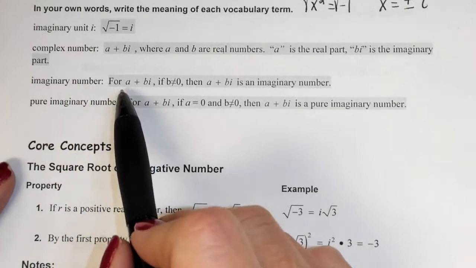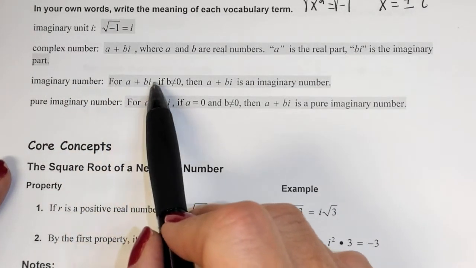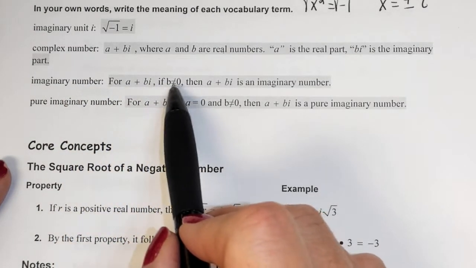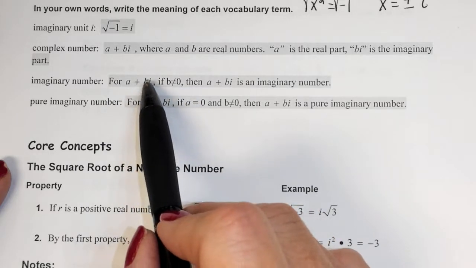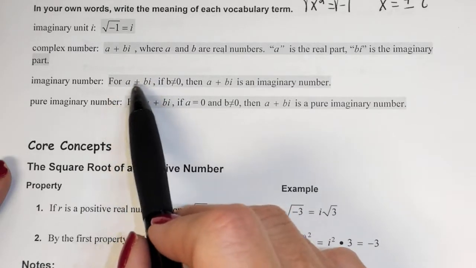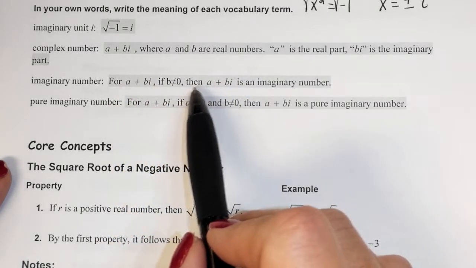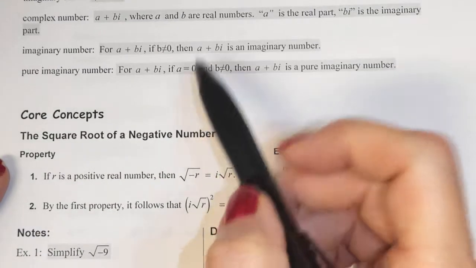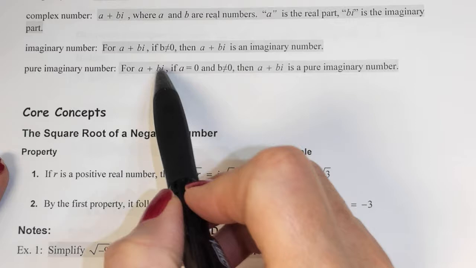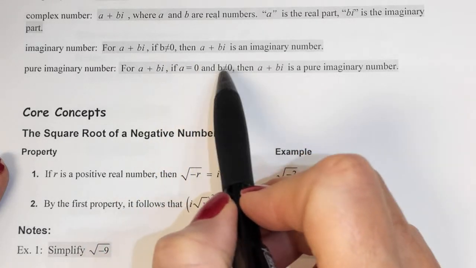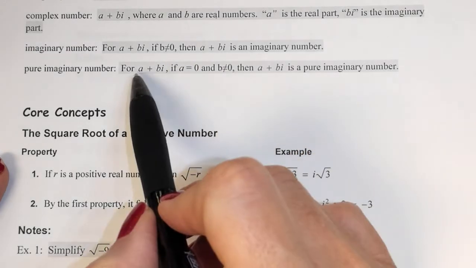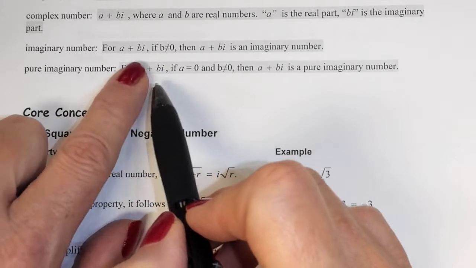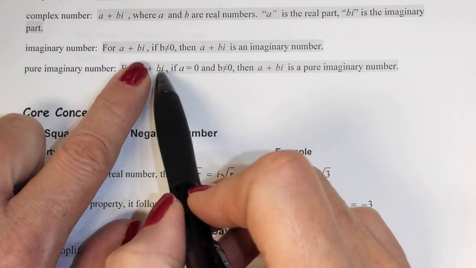An imaginary number means that for a plus bi, if b is not equal to 0. See, if b is equal to 0, this whole term just goes away, and then we're just left with the real number part. So if a plus bi, if b is not equal to 0, then we do have an imaginary number. Now, if a equals 0, but b does not equal 0, see how we're just left with bi?